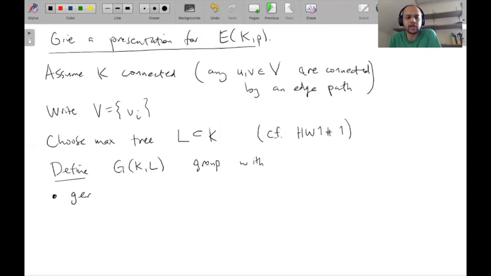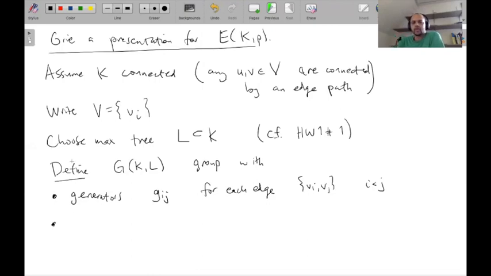So the generators are going to be g_ij for each edge V_i V_j, with i less than j. So this group has a generator for each edge of the simplicial complex, and the relations.